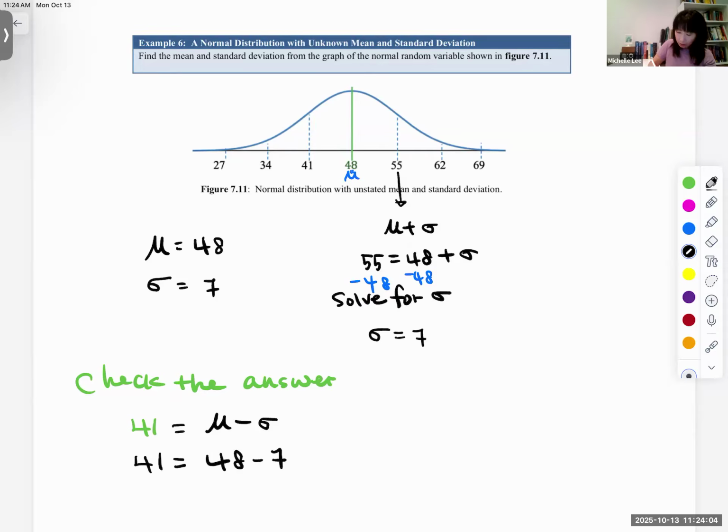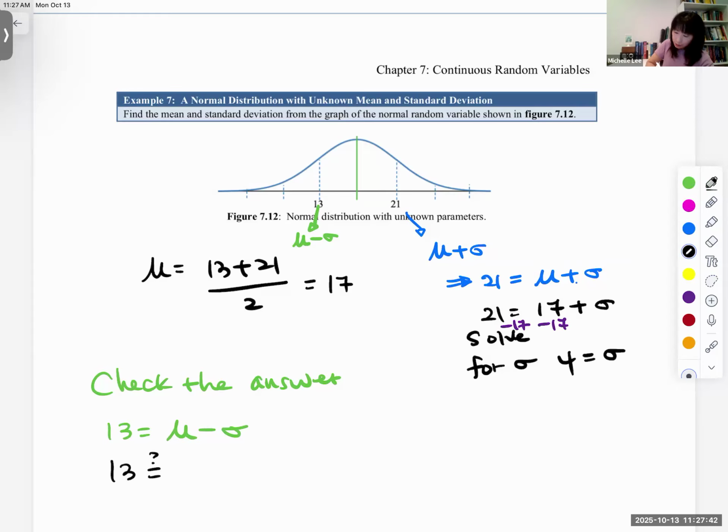We have 21 minus 17, which is 4, right? So 4 equal to sigma. Okay, let's check that here. We have a 13. So 13 is mu minus sigma. So 13 equal to mu minus sigma, which is 17 minus 4. Yes, right? Very good.